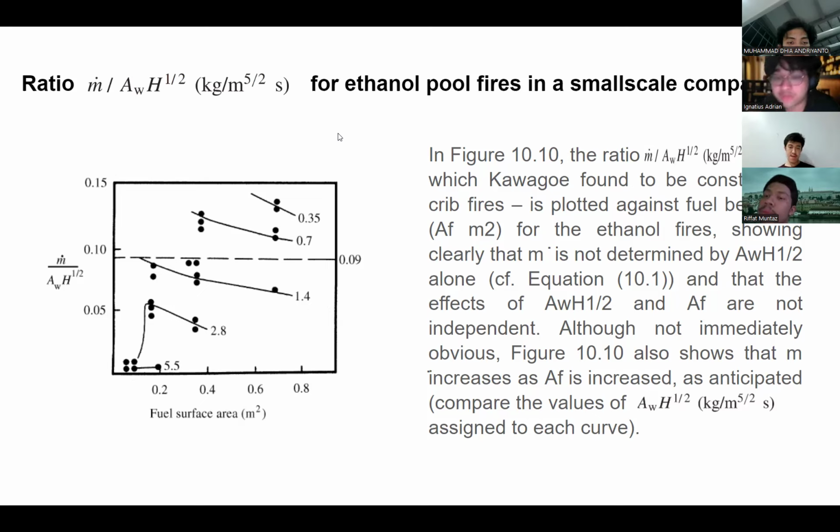Although not immediately obvious, figure 10.10 also shows that m dot increases as AF is increased, as anticipated, if we compare the values of AW√H assigned to each curve.